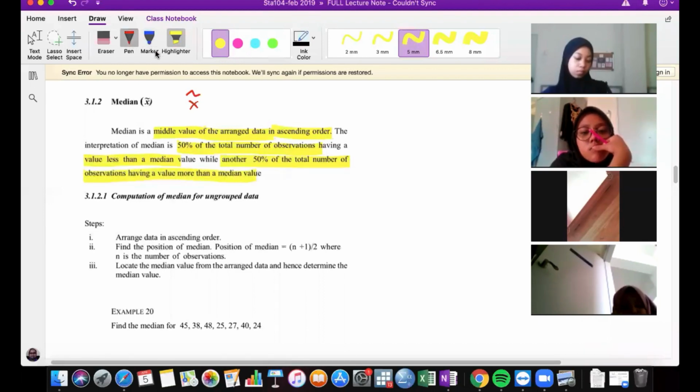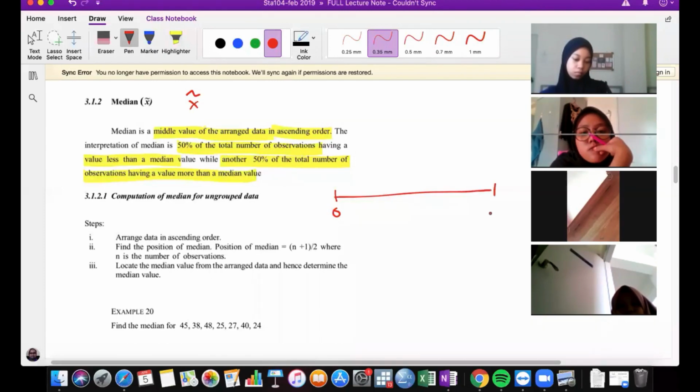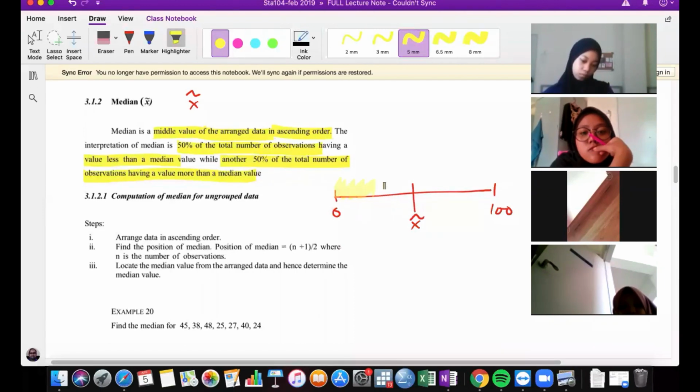So imagine that we have data from 0 to 100. The median is the middle value of the data. So this is the median. The total of the data is 100%, of course, right?